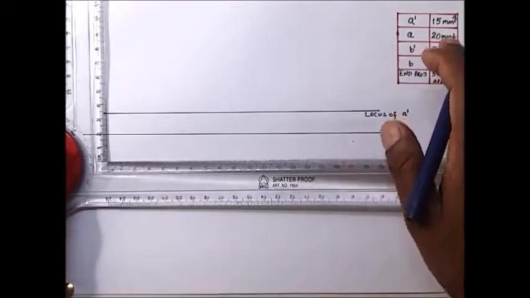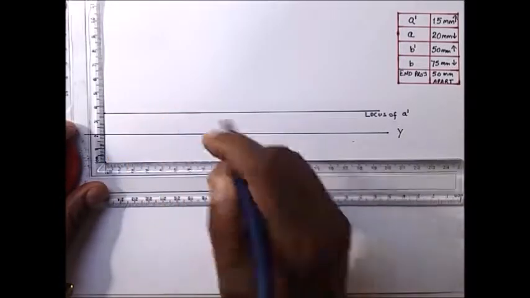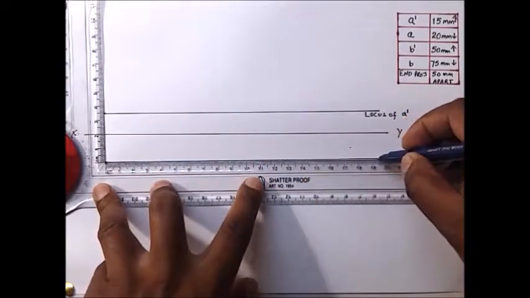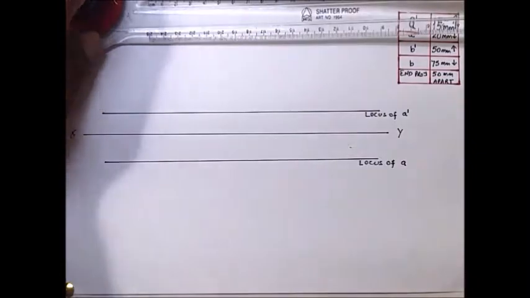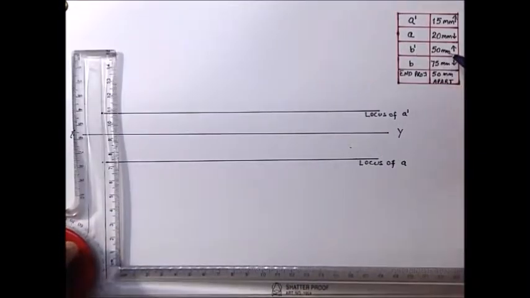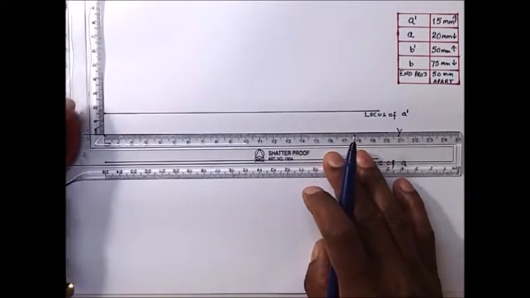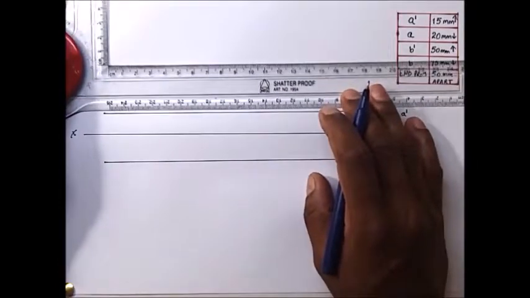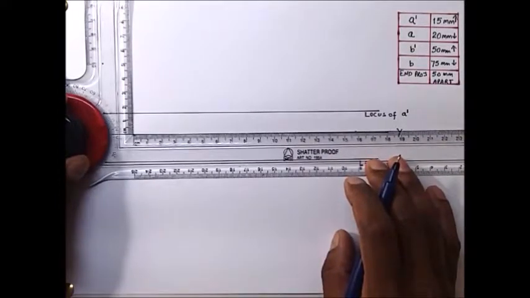Then draw the locus of A, that is 20 mm below. Mark a point 20 mm below XY line and draw the locus of A. Then draw the locus of B dash, that is 50 mm above XY line. Mark a point 50 mm above and draw a parallel line parallel to the XY line.